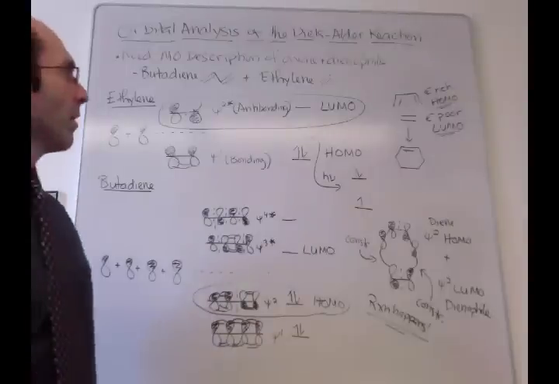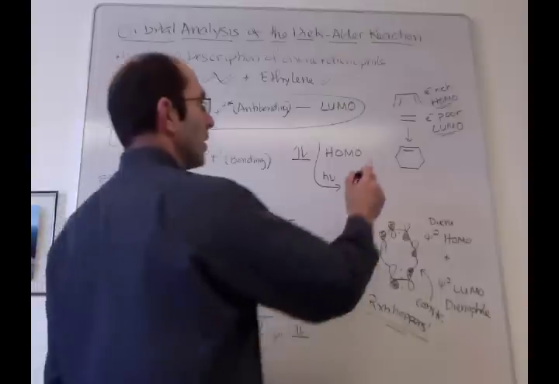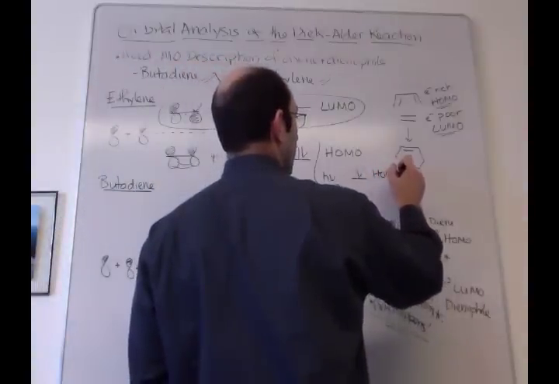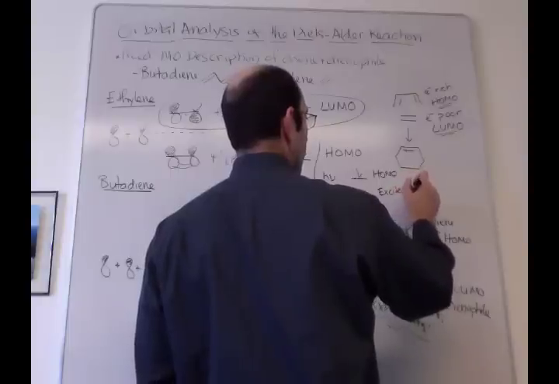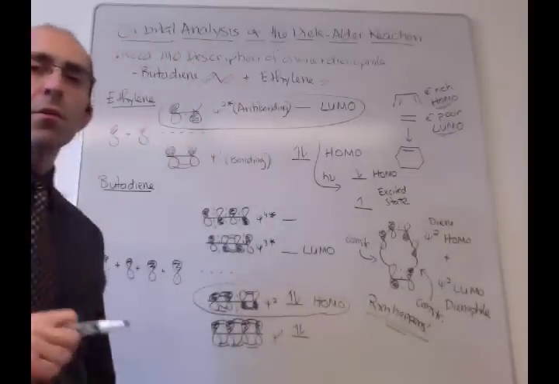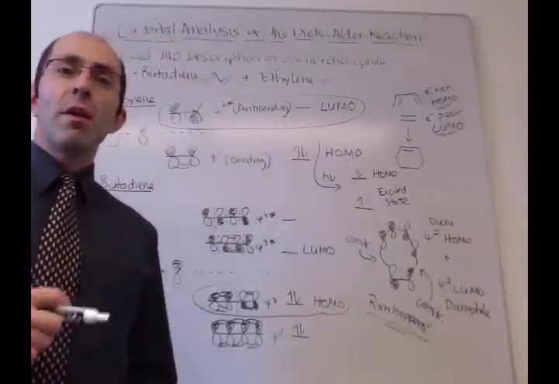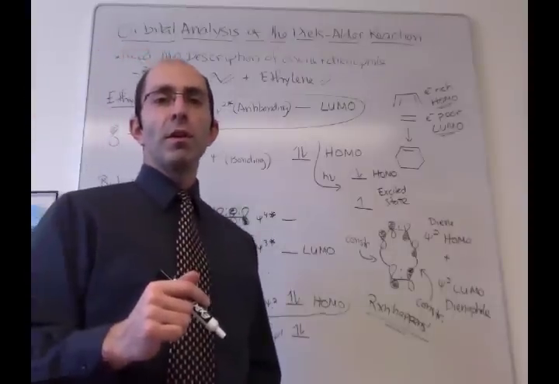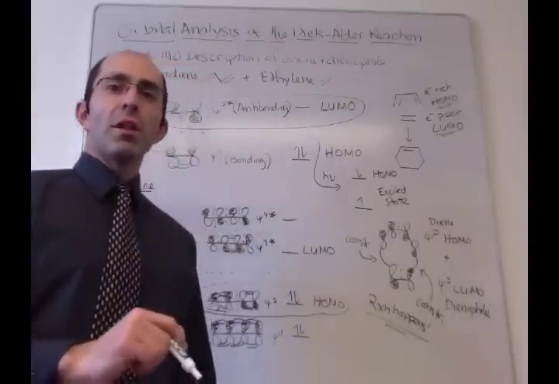And when we do that, the LUMO in the ground state becomes the HOMO in the excited state. And this is for the excited state. Okay? And the other important thing to remember when you're doing photochemistry is that you never have two excited state molecules find each other. Reactions are always one ground state molecule plus one excited state molecule.